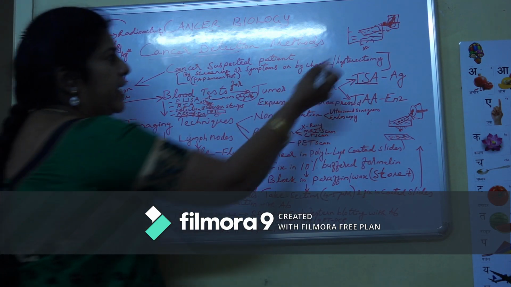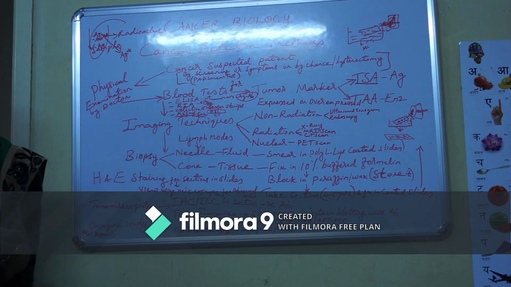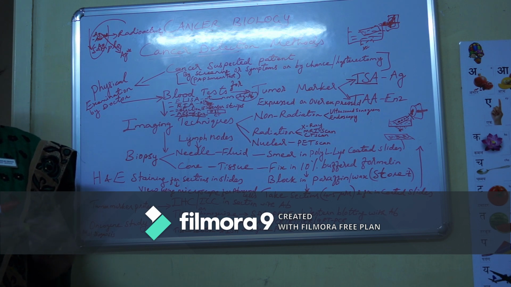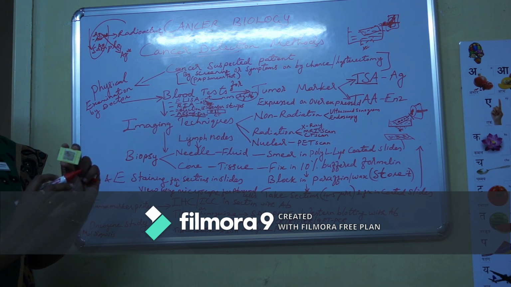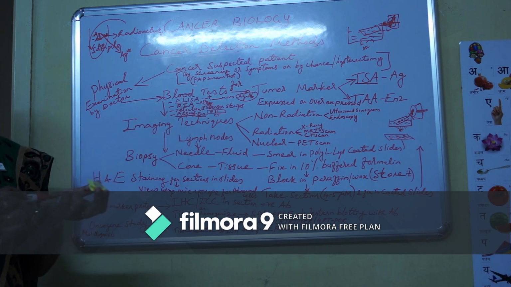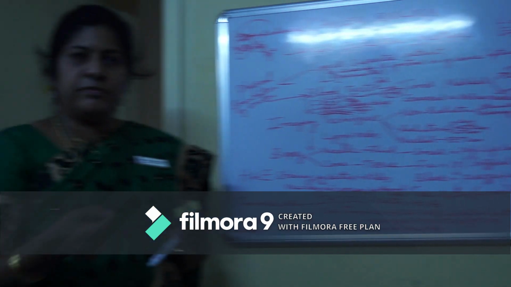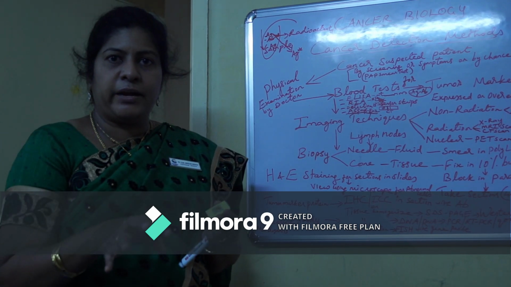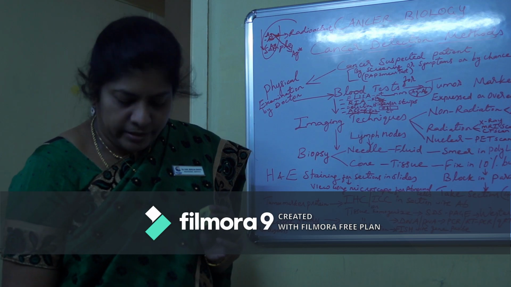Then you can keep this slide in the oven to dry it, and this slide will have the section along with the paraffin. So now you have to remove the paraffin. In order to remove the paraffin, you keep it in the oven, in the incubator, and treat it with xylene, and then further, it is already dehydrated tissue.